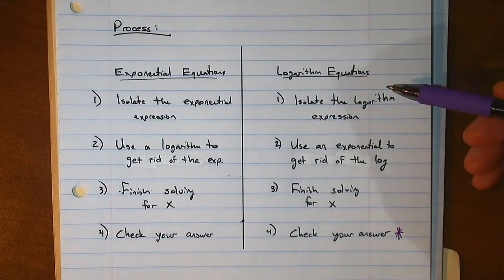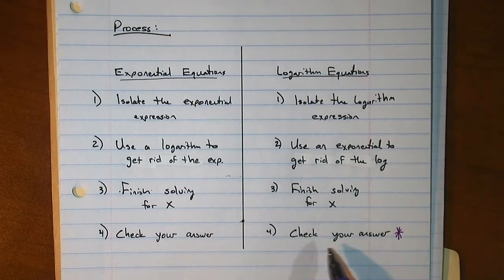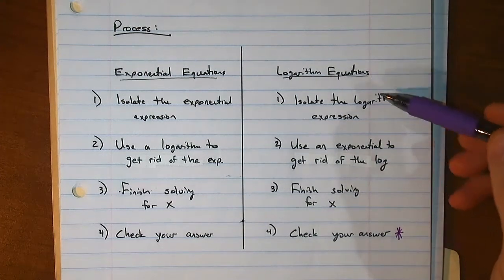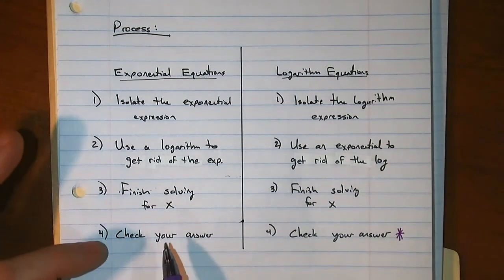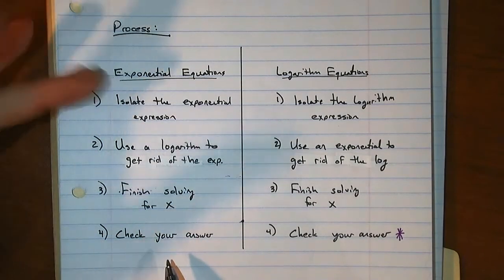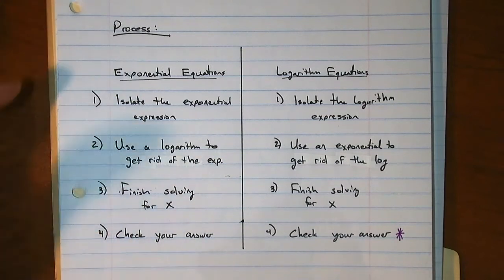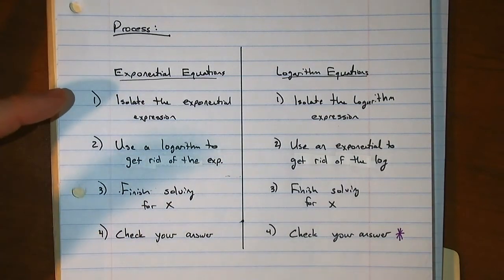Well, -5 is something you're not allowed to plug into a logarithm. So it's important that you check your answer to make sure that it actually works. So with exponentials, checking your answer is perhaps a little bit less important, because with exponentials, the domain is all real numbers. So whatever number you come up with, you can plug it back in and it can work.